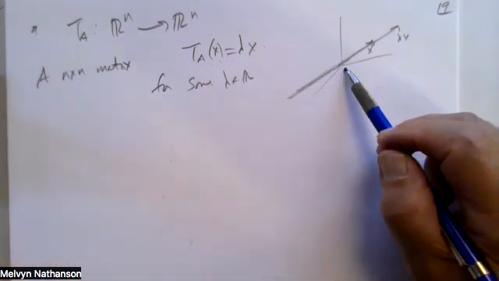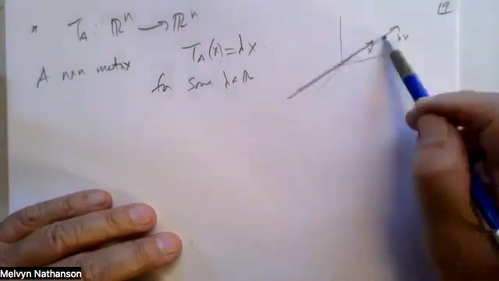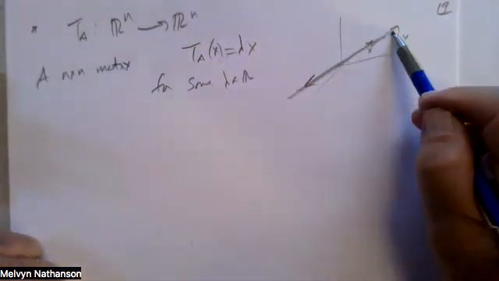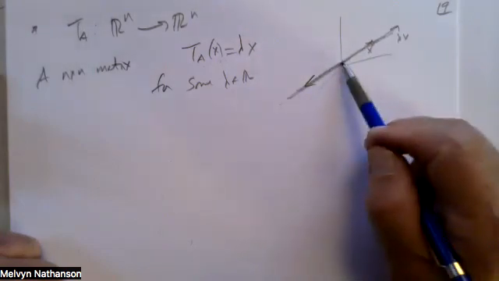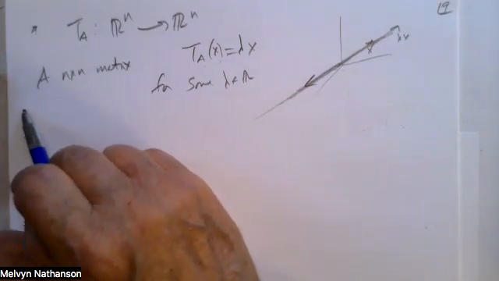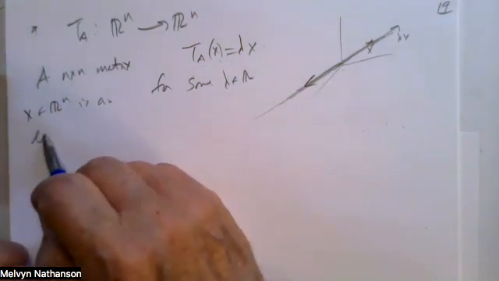So it doesn't twist or turn the vector, it just stretches it or flips it around 180 degrees and then stretches it. So x in Rn is called an eigenvector.